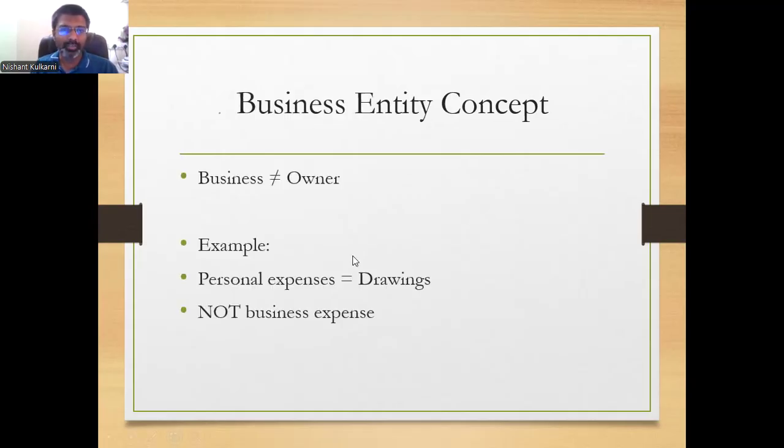Okay, so the first is the business entity concept. What is the business entity concept? So let's say this is the business of the company, this is a factory, and manufacturing is taking place in this, and this is the house of the owner of the business.